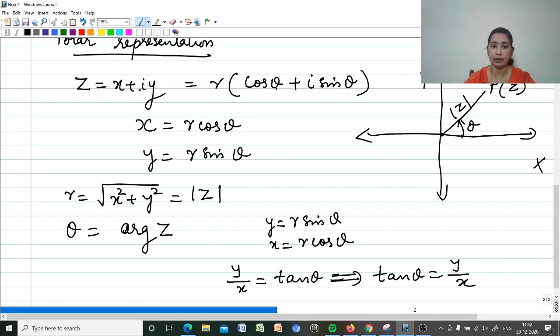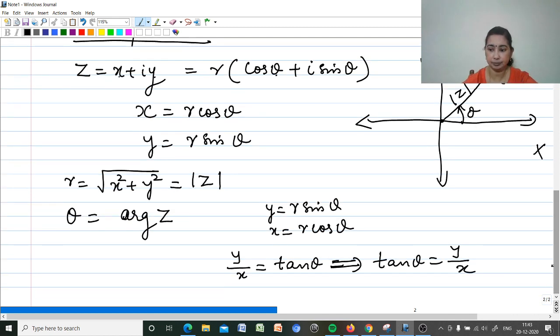If both are negative, it will be in the third quadrant. If x is negative and y is positive, it will be in the second quadrant. If x is positive and y is negative, it will be in the fourth quadrant. So we have to first check in which quadrant this theta lies. So, understood how to check?